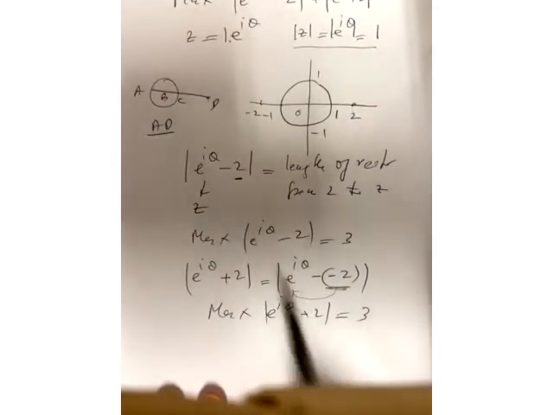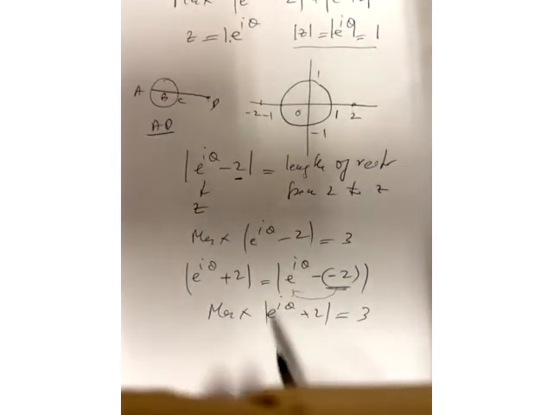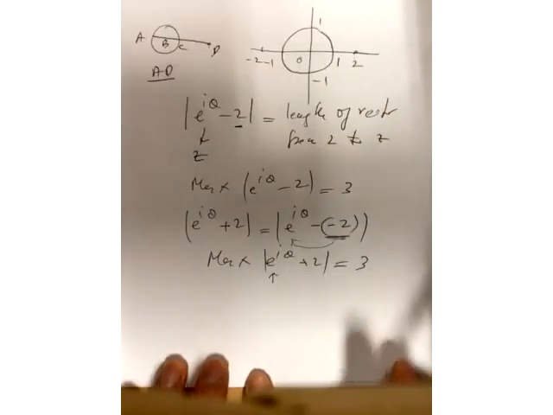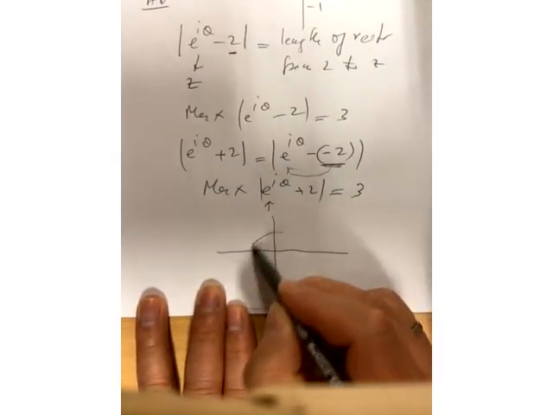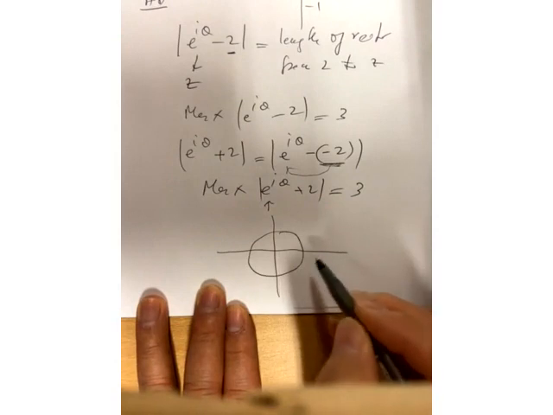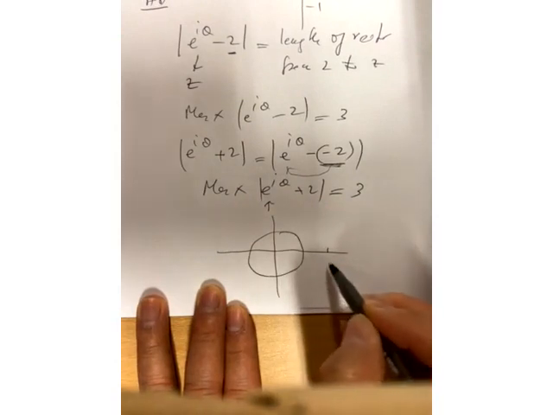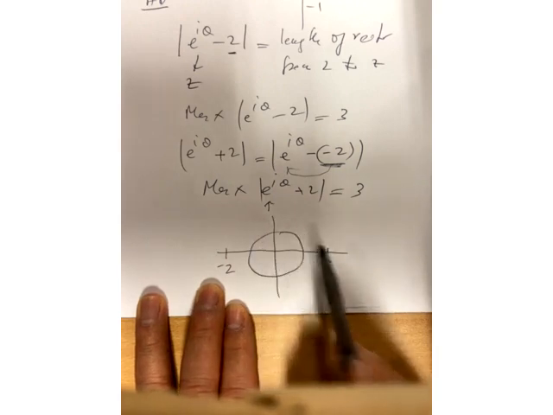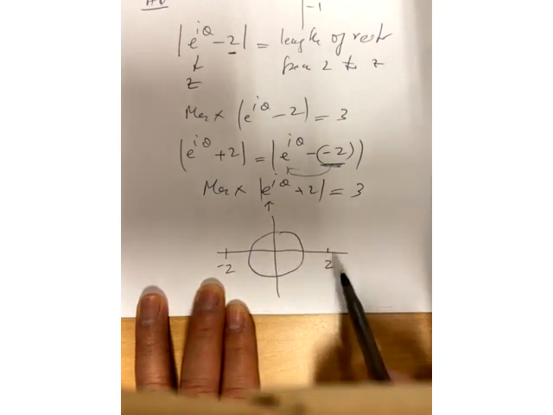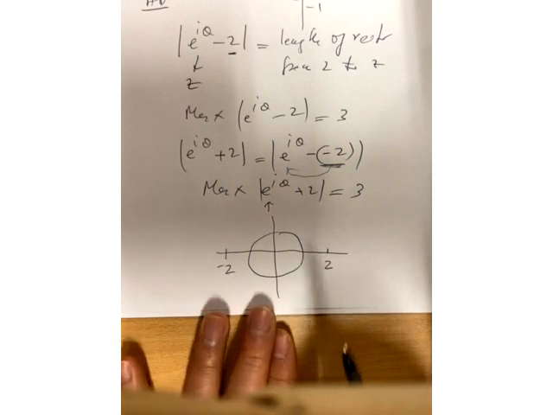So when you put the two together, does that mean the maximum length is 6? No. It's the same z, the same point on the circle. If you draw the circle here, you have to pick a point such that the lengths of both |e^(iθ) − 2| and |e^(iθ) + 2| come from the same point; you can only pick one.